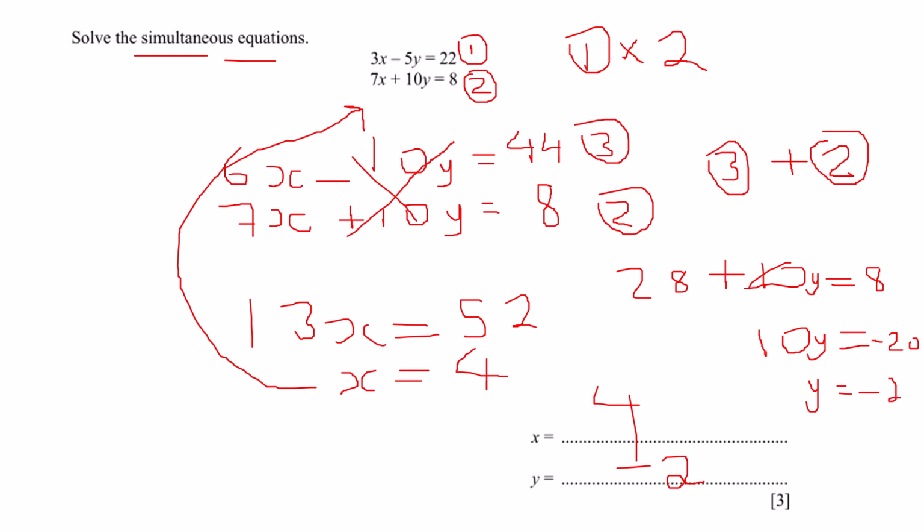One more note to make, guys: the solutions are where the two lines intersect. Whenever you solve these equations, it's where the lines intersect. So you're going to intersect somewhere here, I'm making this up.